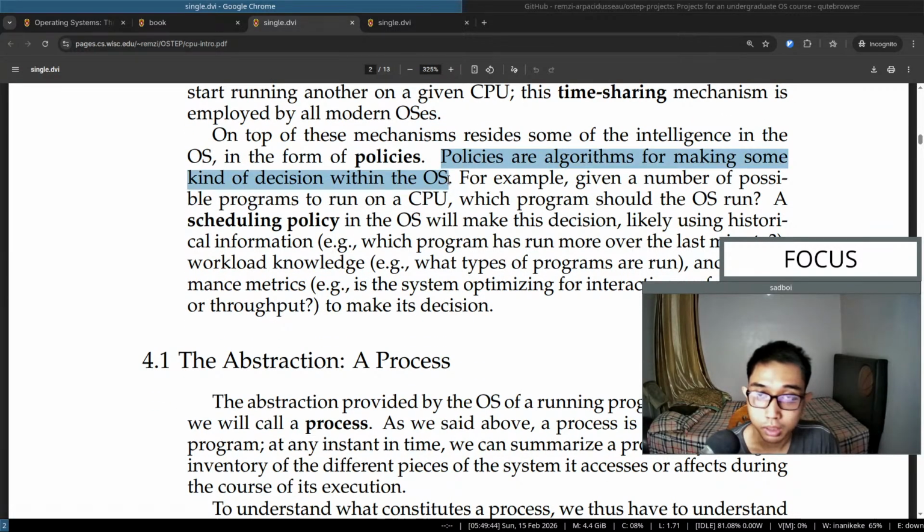Policies are algorithms for making some kind of decision within the system.